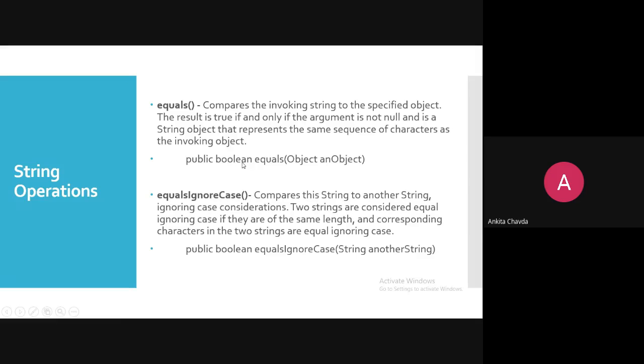If equal, it will return true. If not, then it will return false. Only if the argument is not null and is a string object that represents the same sequence of characters as your invoking object. If both the objects' values are same, then and only then it will give you true, else not. It is also sensitive to your case.